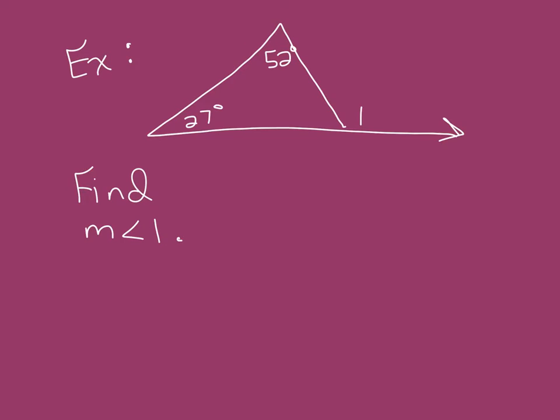All right, look at the first example. You have a triangle, and then you have an exterior angle, angle 1, and that's what we're looking for. 27 and 52 are examples of your remote interior angles. So if I'm looking for the measure of angle 1, all I'm going to do is add 27 degrees and 52 degrees.